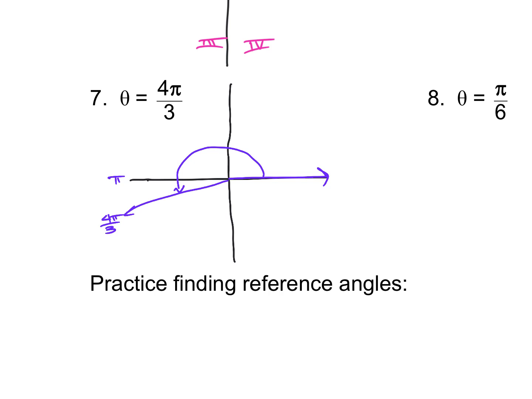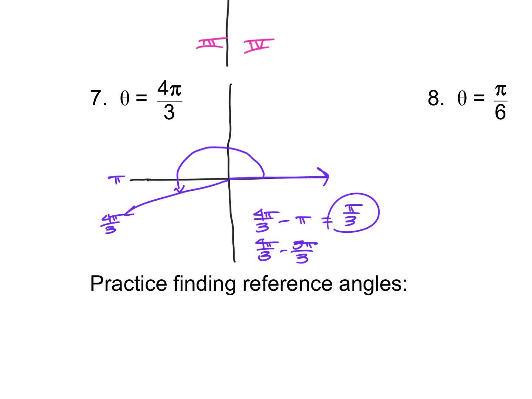That's just how it happens in our heads. 4 pi over 3 minus 1 pi would leave me what? 1 pi over 3. 1/3 pi. If you need to convert the pi to a common denominator to do that, feel free. Because pi, in terms of thirds, is 3 pi over 3, right?